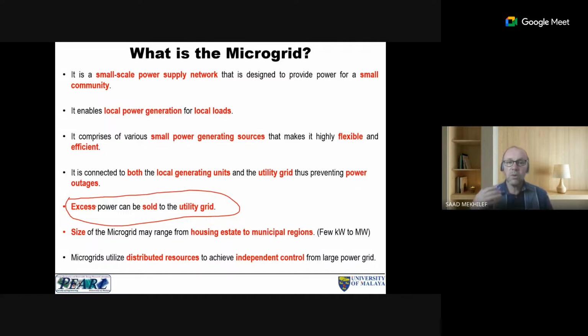If you bought from the grid, maybe it cost you 25 cents, but if you sold to the grid, you could sell at almost 50 cents per kilowatt hour. I'm talking 15 to 20 years ago. Why? Because they wanted to encourage people to install solar. With an expensive feed-in tariff, your payback time would be reduced by half.